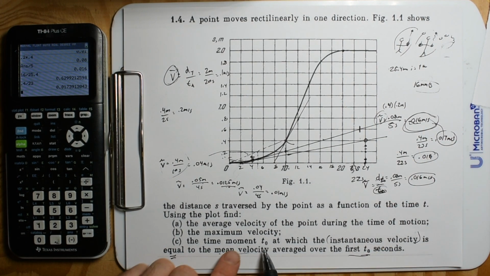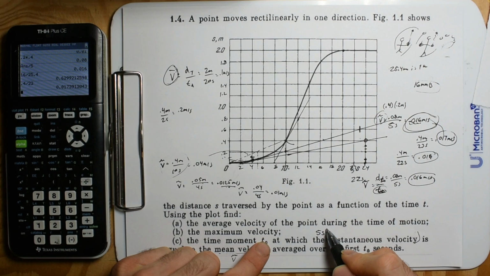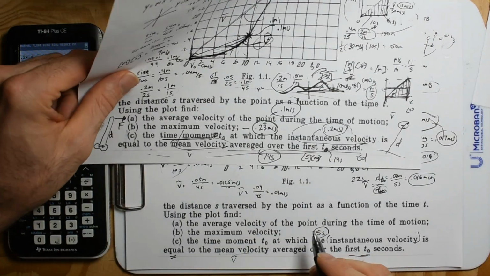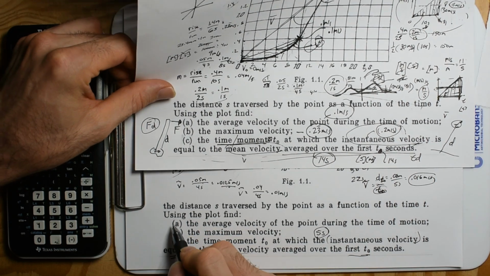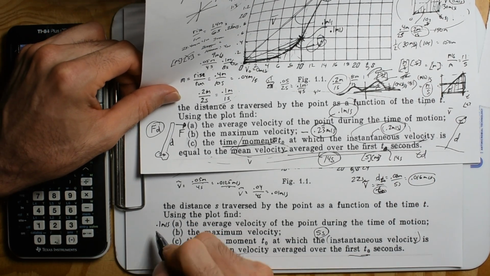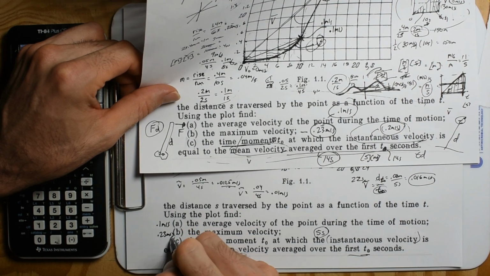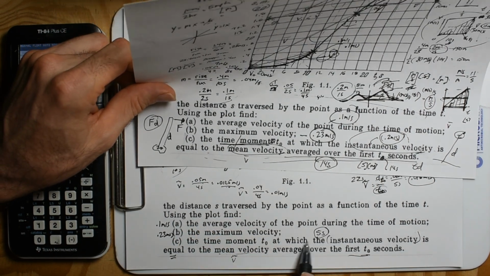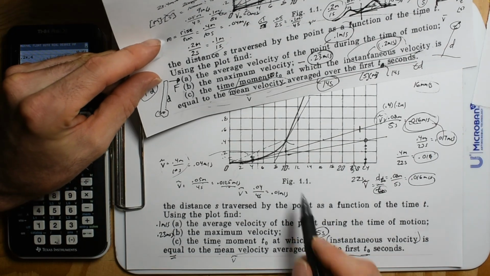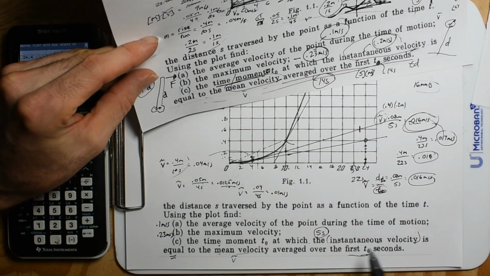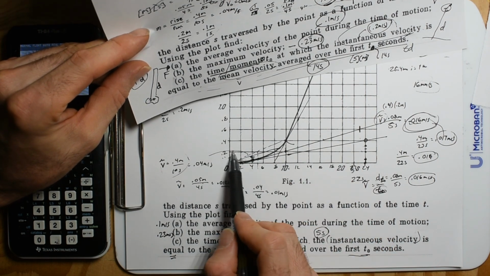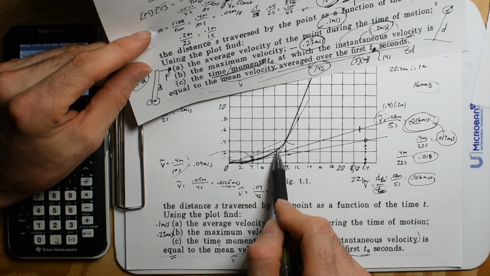And I'm going to say the timer moment is 5 seconds. And so now we have a full check on reality that A is 0.1 meters per second, maximum velocity 0.23 meters per second, and the time at which the instantaneous velocity, we did the tangent to do that, is going to be equal to the mean velocity, the distance traveled in that amount of time.